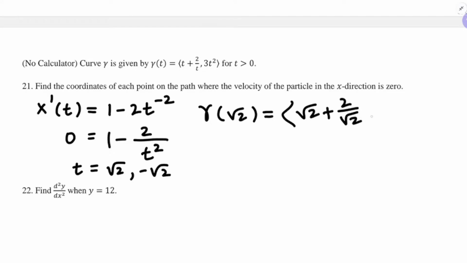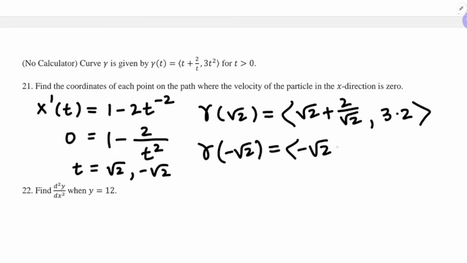That would be another root 2, and I could say that's 2 root 2, but that's just kind of a lot. We don't need to simplify it. And then 3t squared is going to be 3 times 2. Okay, that's great. And then gamma of negative square root 2 is going to be negative root 2 minus 2 over root 2. And then another 3 times 2.